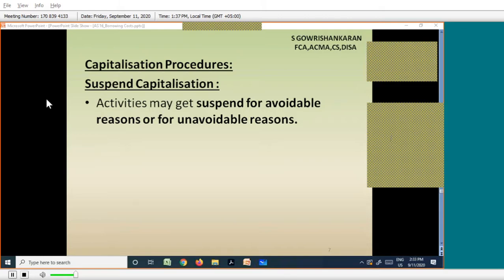Avoidable reasons. Correct? Avoidable reasons only. If you are not able to pay your labor, that is your problem. You don't have money, then it is an avoidable reason. If it is a natural calamity, then it is an unavoidable reason. Or naturally, sometimes what will happen?